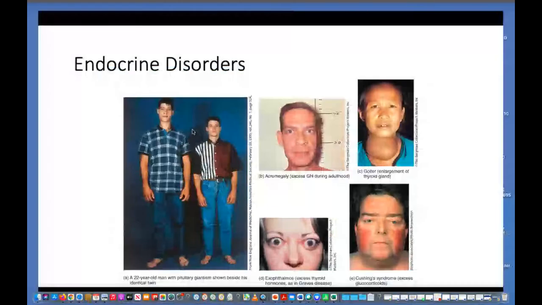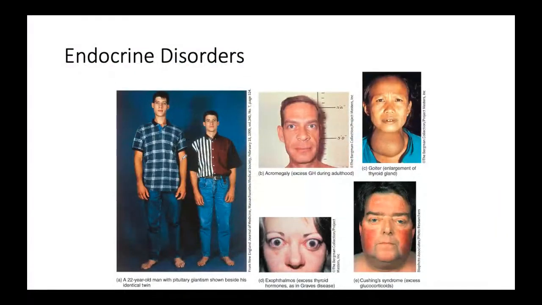Okay, we're going to be finishing up with endocrinology with some endocrine disorders. So if you look here on the left-hand side, you'll see an individual that has a condition called giantism.